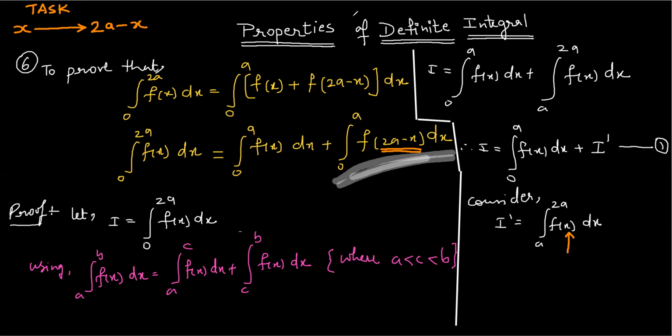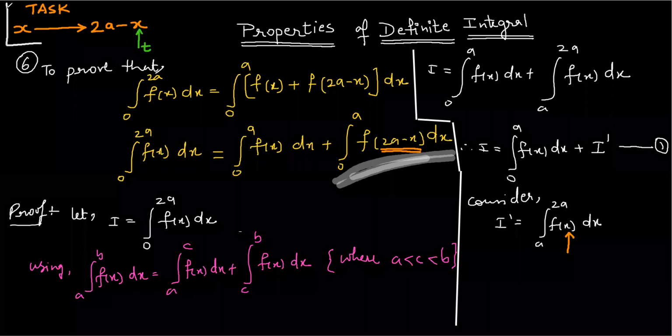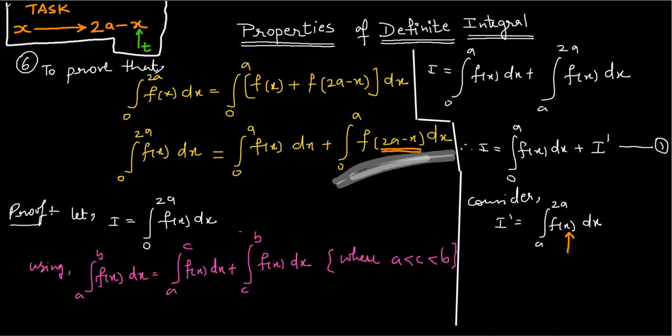This is my goal side. 2a minus x is my goal, my objective, my aim. Now this side where I have variable x, I will write as t, and that will become my substitution. So remember students, this is the trick. This is the key of the proof.